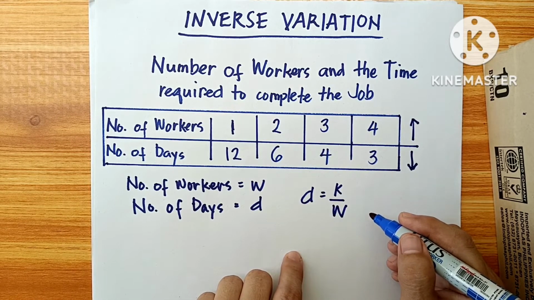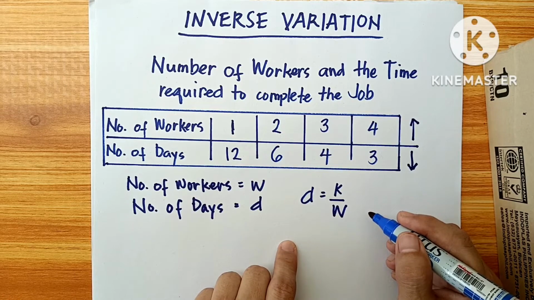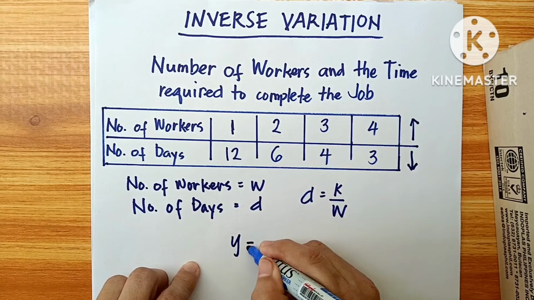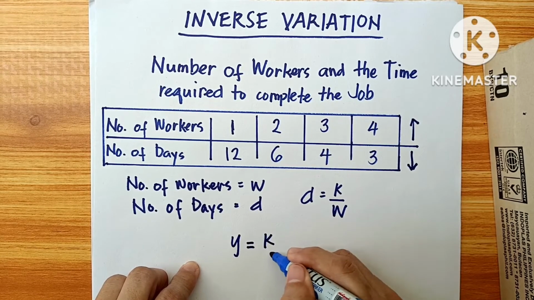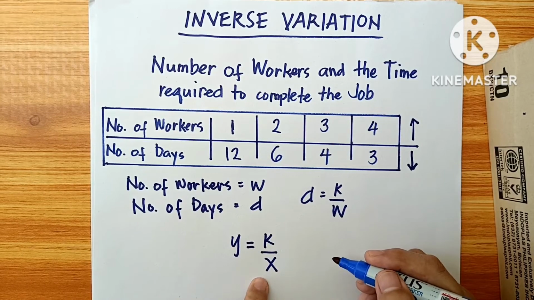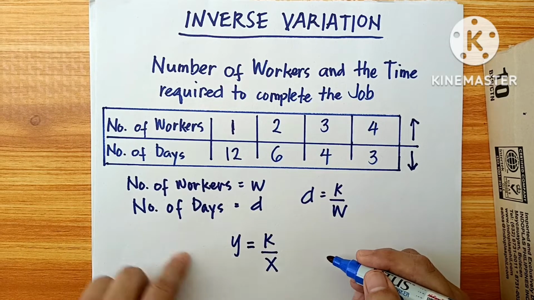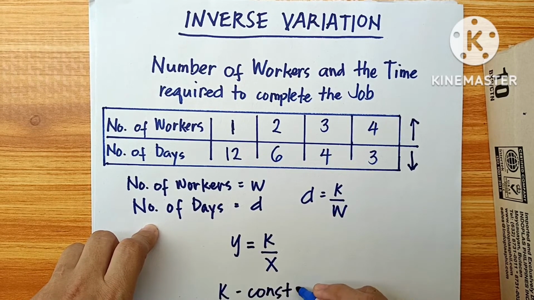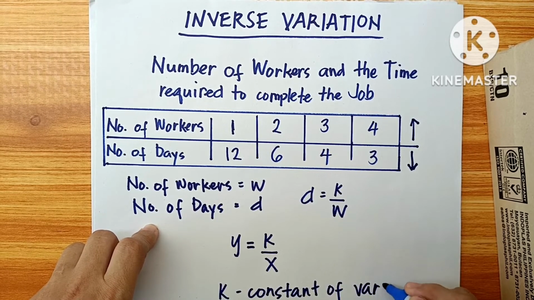Now, since Y and X are more popular than D and W, in general we say that Y is K over X when Y varies inversely as X. So this is our formula, where K is the constant of variation or proportionality.